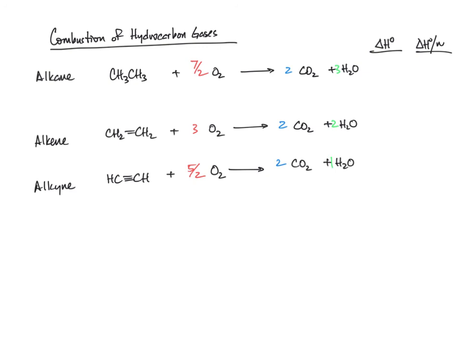Now what I'm going to do is sum these coefficients. 2 plus 3 is 5. 2 plus 2 is 4. 2 plus 1 is 3. These numbers are important because we're going to use them right where I've drawn this arrow.